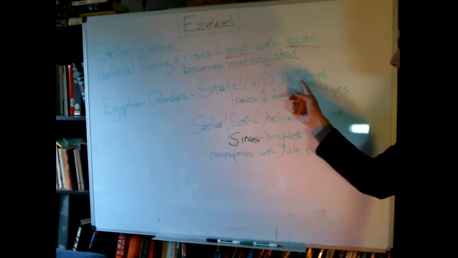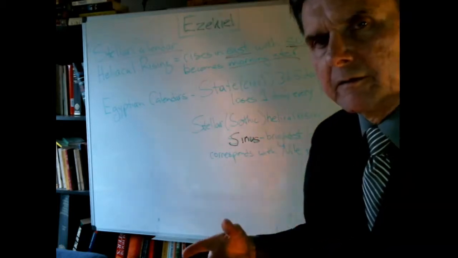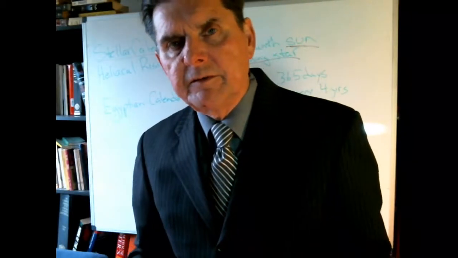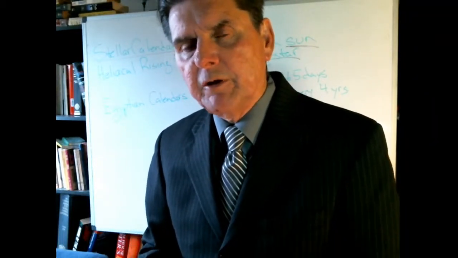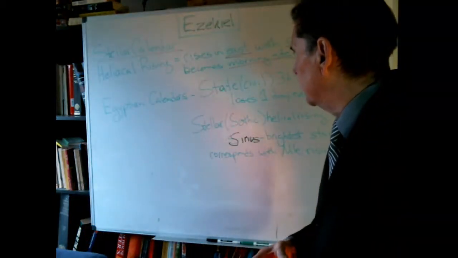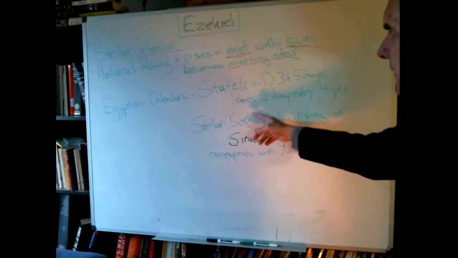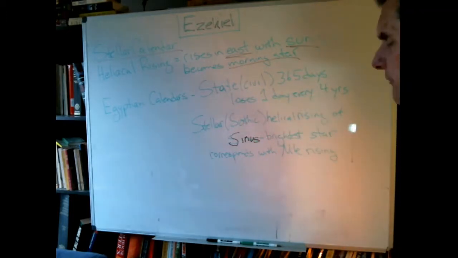And it had 365 exact days. It didn't have a leap year. In fact, it was Augustus Caesar who came in finally and adjusted the calendar of Egypt to have a leap year so it wouldn't go out of phase with the seasons, because the state calendar of Egypt lost one day every 4 years.